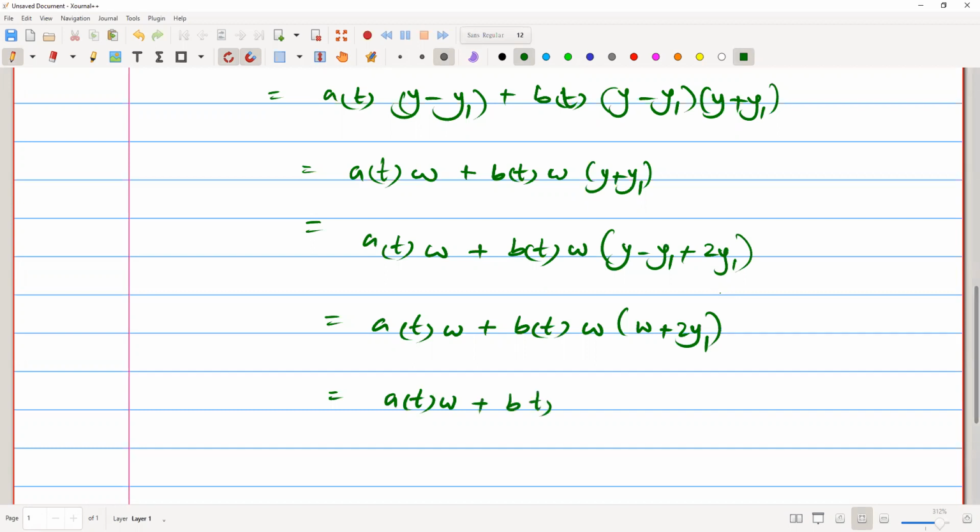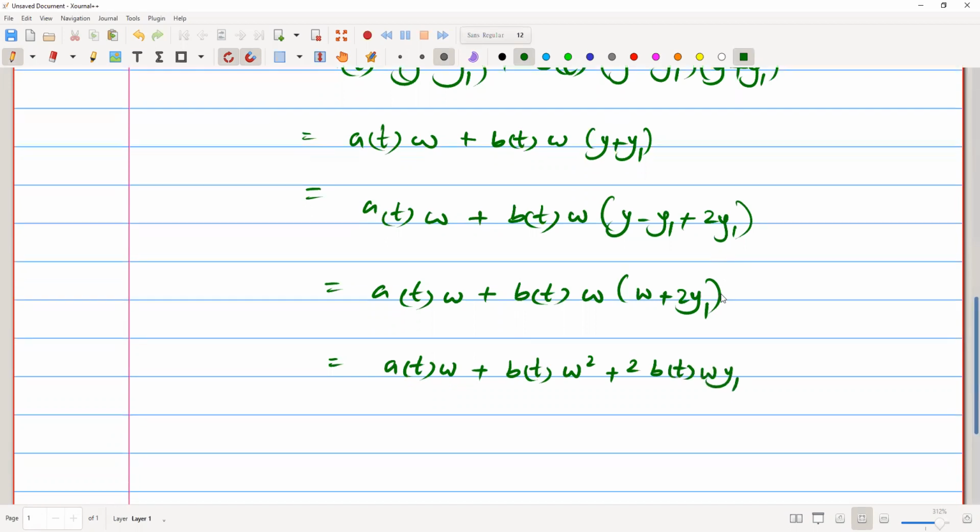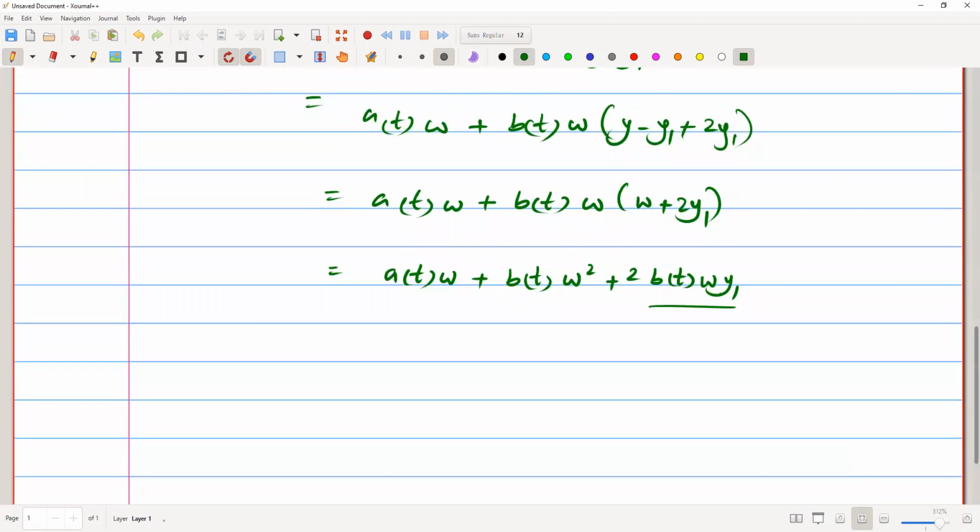So let's open the brackets. It will be w squared, and it will be 2b of t times w times y1, right? Now we can group these terms, the terms of w. So we'll get a of t plus 2 times b of t y1.